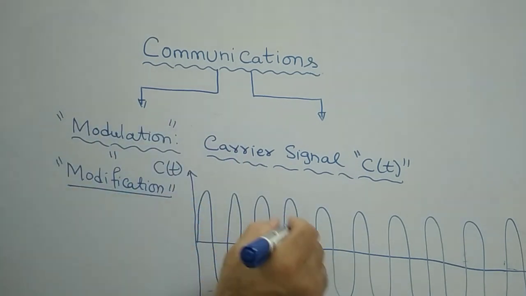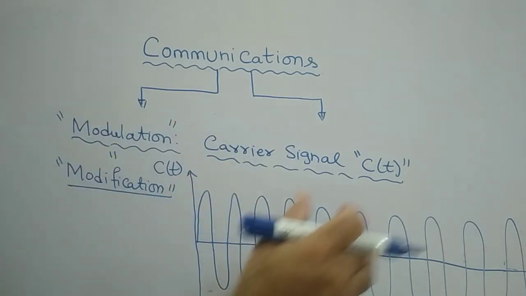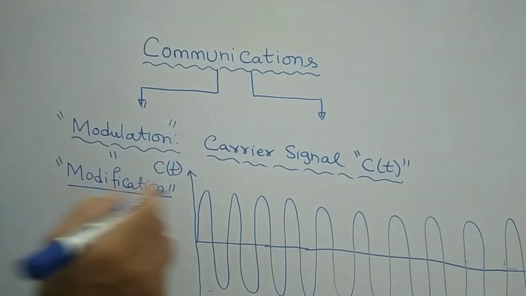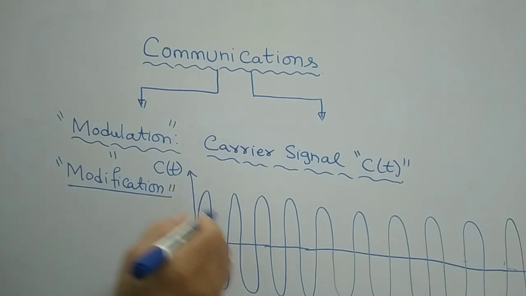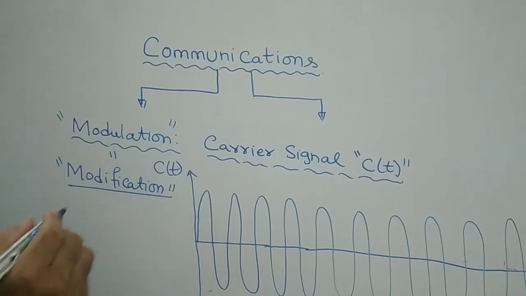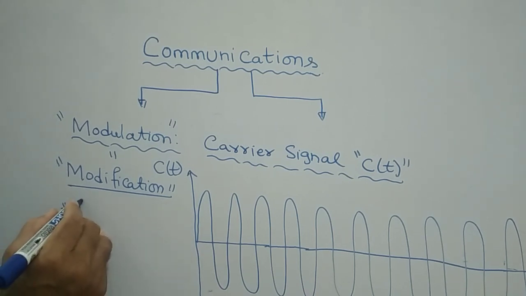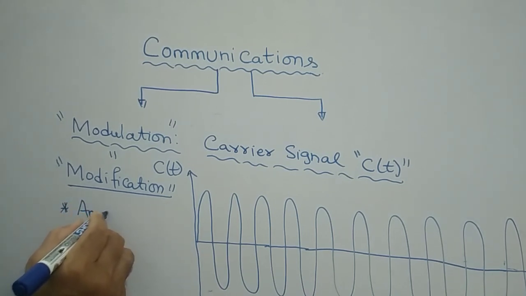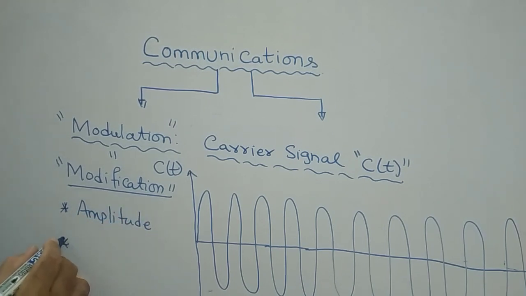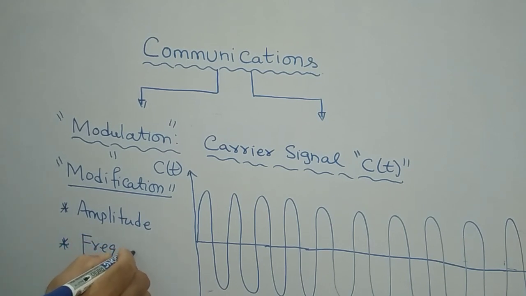It is one type of waveform, and it has certain parameters, namely amplitude, the second one is frequency, and the third one is phase.